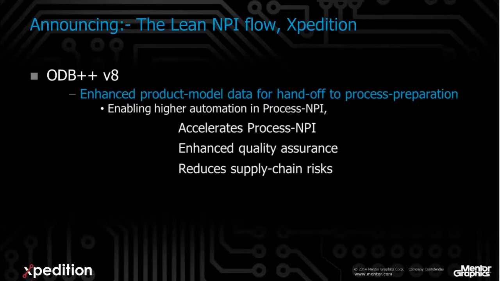The probability that you will get the product you intend will increase if you take full control of the product model in your own NPI operations, rather than leaving it to each manufacturer to define for themselves based on how they interpret multiple files and documents. During this webinar, we'll be looking more closely at the V8 ODB++ and its full scope for supporting a more automated NPI flow.